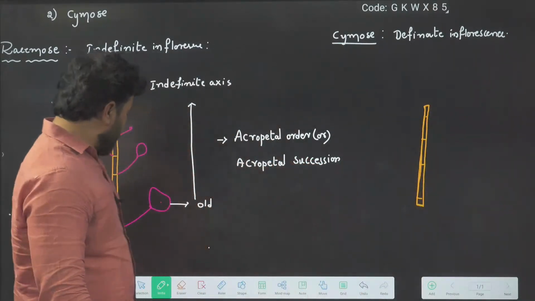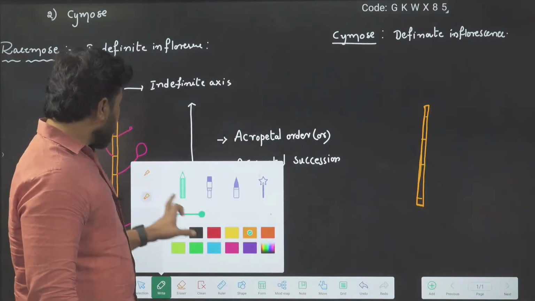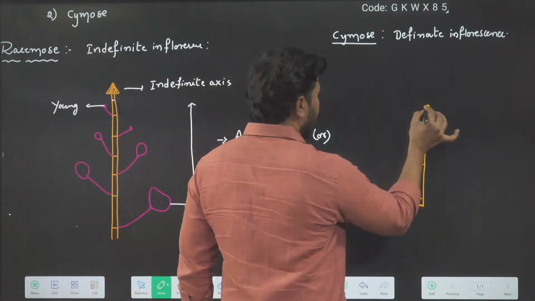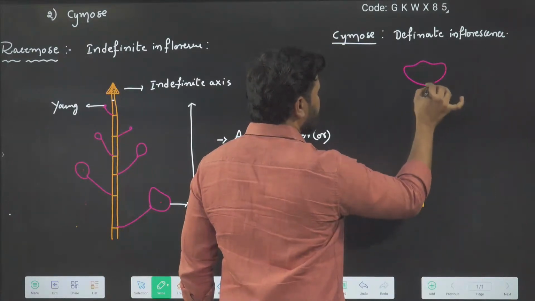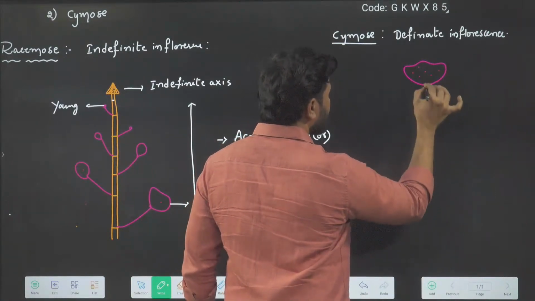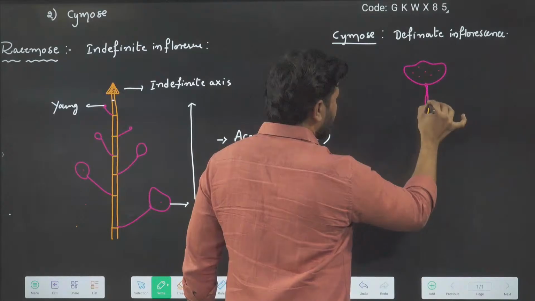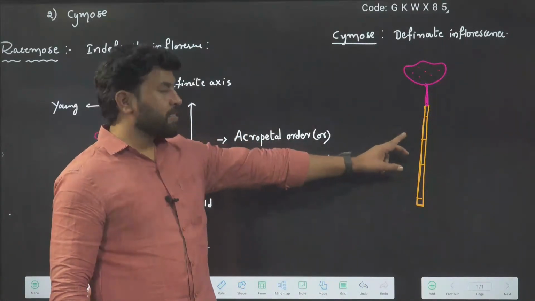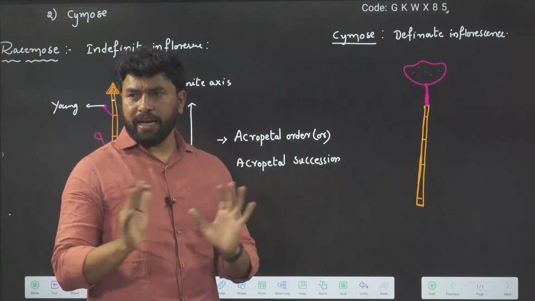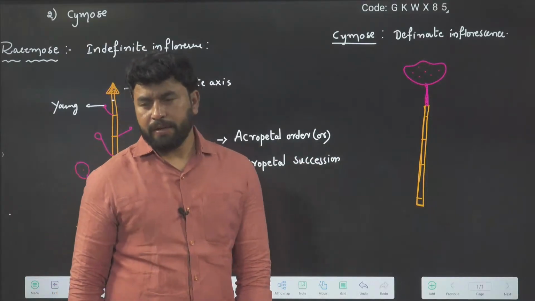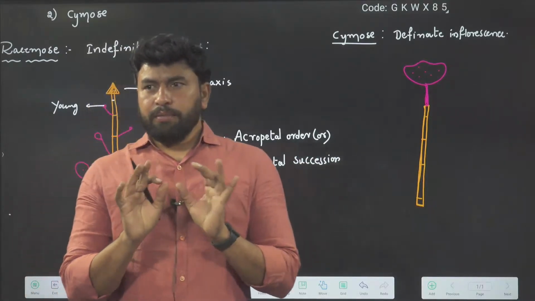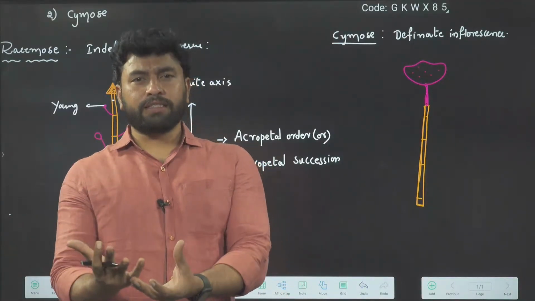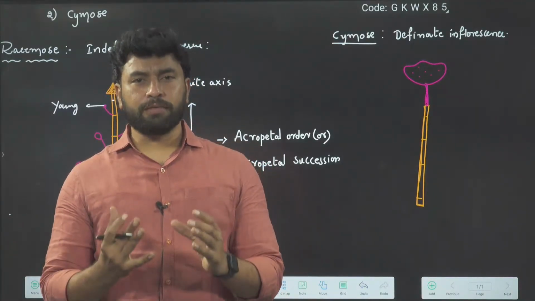Now, the inflorescence axis first ends with a flower. This is the flower which has formed first. The inflorescence axis has ended with a flower. That means its tip terminated with a flower, so that inflorescence axis cannot grow further.